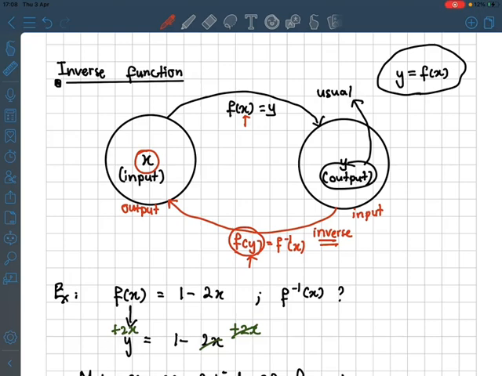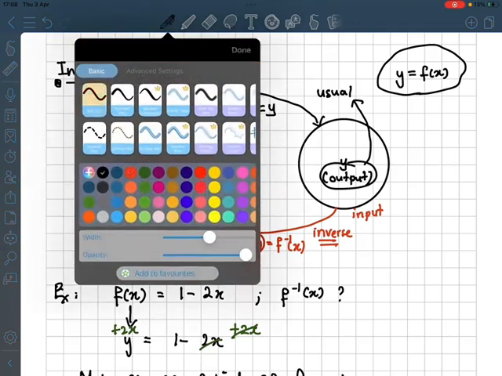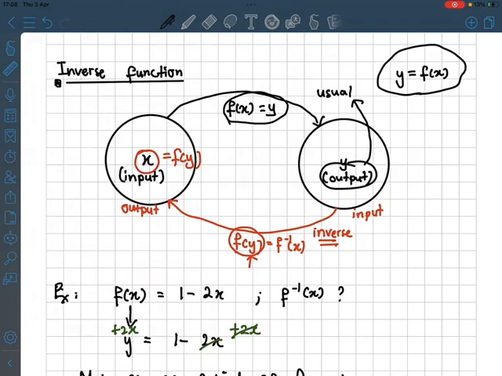So when you have f of x for the usual function, we can represent it by y, because y is the output.